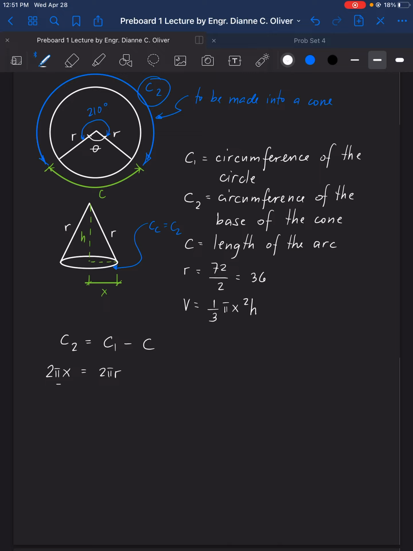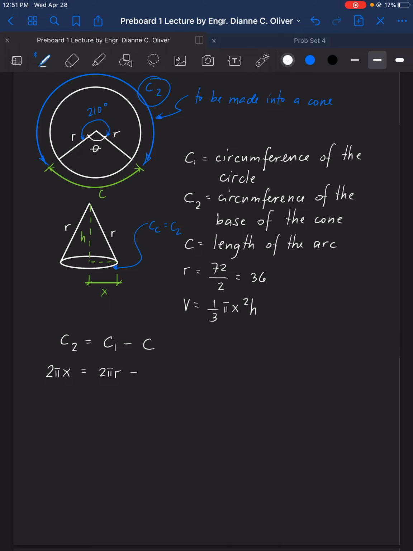Look at the difference. This is bigger because we're using the radius of the circle, and this one is smaller because we're using the radius of the base of the cone.